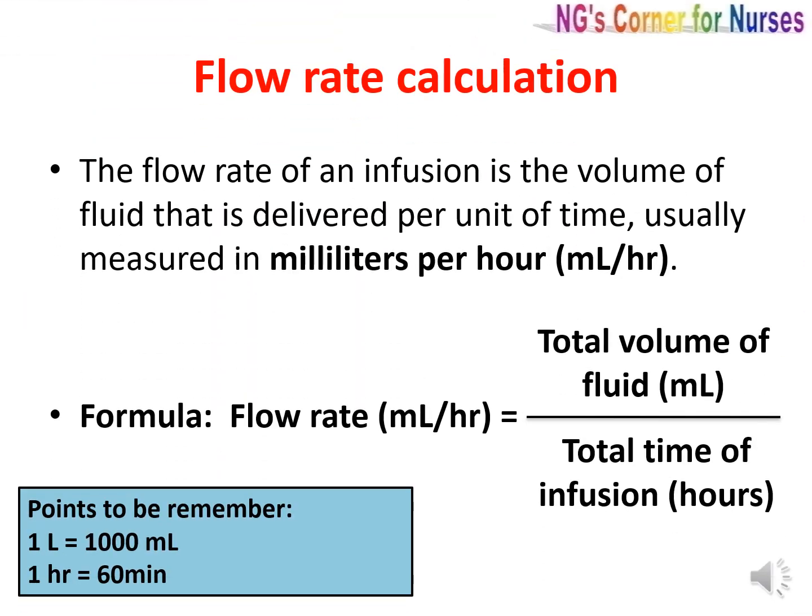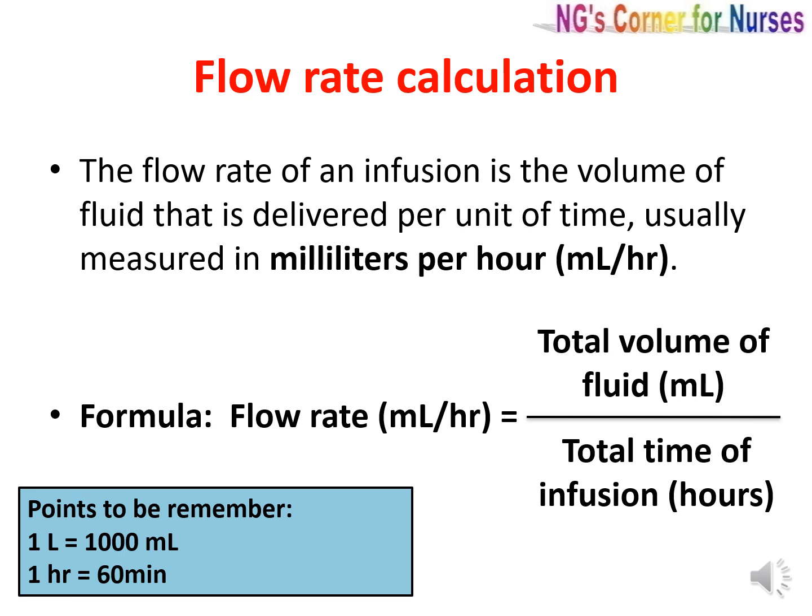Next, the flow rate calculation. The flow rate of an infusion is the volume of fluid that is delivered per unit of time. Usually measured in milliliters per hour. So when we are using infusion pumps, we need the measurement that is milliliter per hour.